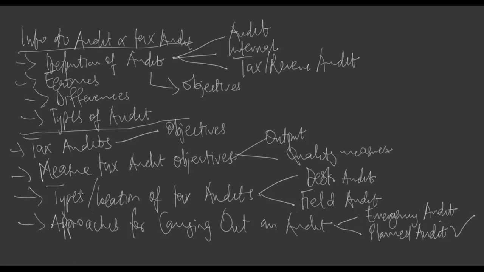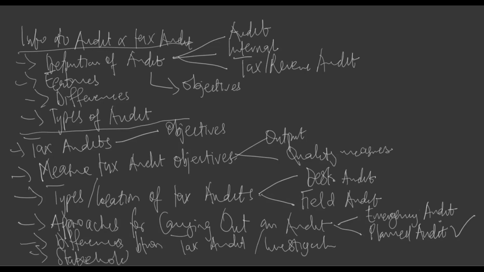So these are the areas that you need to master. Then you can come to look at the differences between tax audits and investigation, as well as the stakeholders in a tax audit.